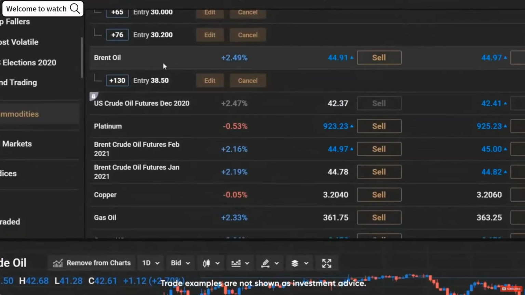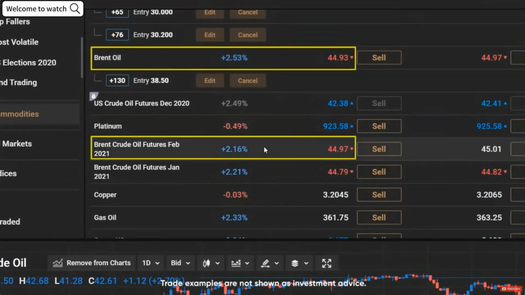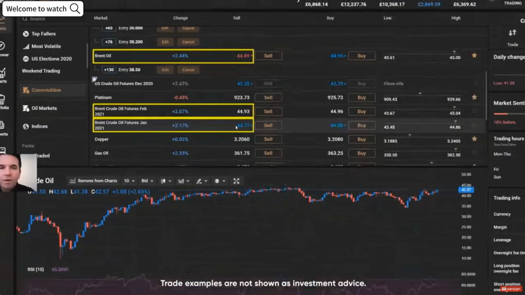So at the moment, Brent oil, the cash market, is trading just below $45 at $44.94. And if we look down here, we have Feb 2021 futures trading at $44.96, and then January 21 trading at $44.79. So again, you can see a slight difference at the moment between the cash and the futures price, and the difference can be bigger than this, but there are two alternatives when trading, to trade the cash or the futures.